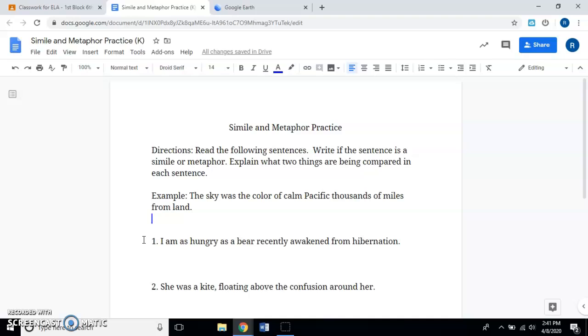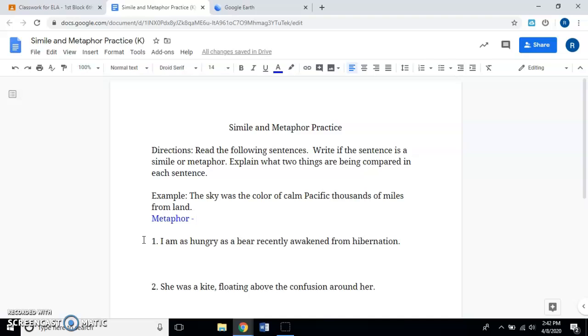Okay, so looking at our example, the sky was the color of calm Pacific thousands of miles from land. In looking at that, I do not see like or as, so I'm thinking that's a metaphor. Now I need to figure out what's being compared.